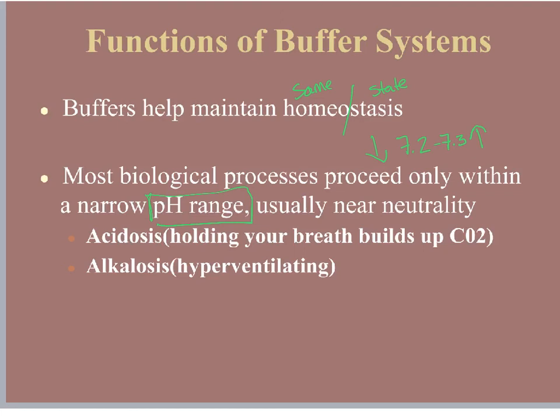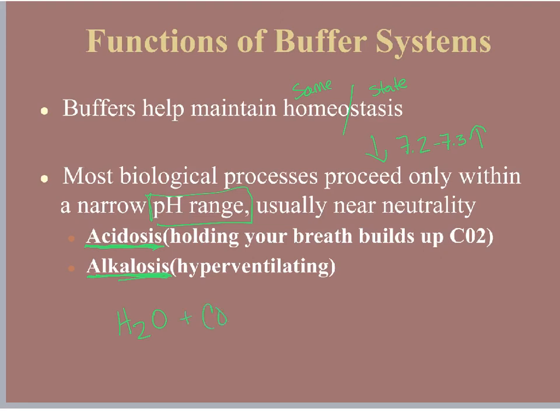So if the pH of a solution, or a system, decreases, we call that acidosis. When the pH increases, we call that alkalosis. So let me give you an example. Let's take water, or some water-based solution like your blood.